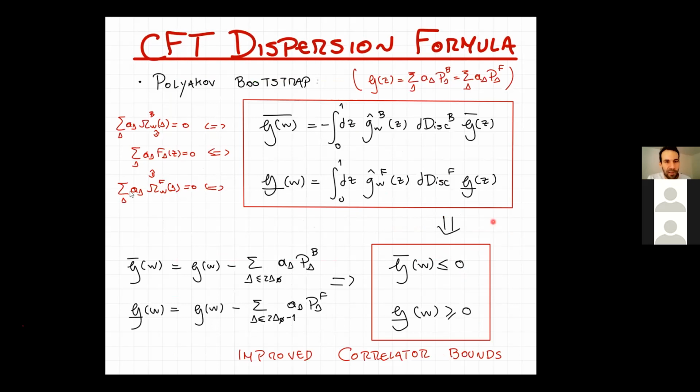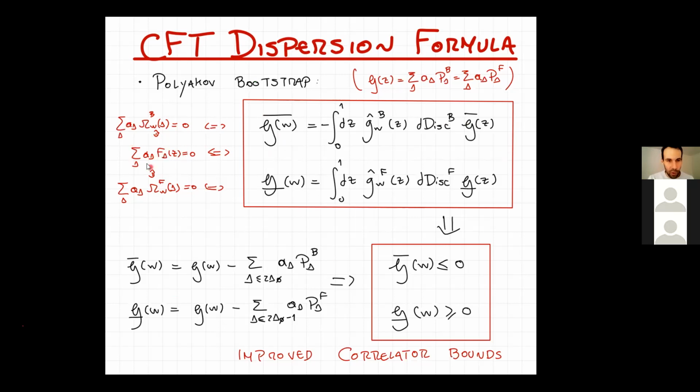So this is just emphasizing that this is yet a new way to express the constraints of crossing. Demanding that the CFT, some sum of conformal blocks, is crossing symmetric, that is, demanding that the crossing equation holds, is the same as demanding that this dispersion relation holds.